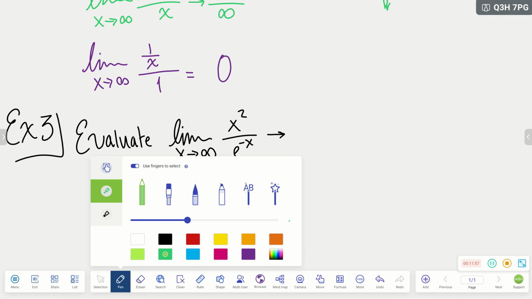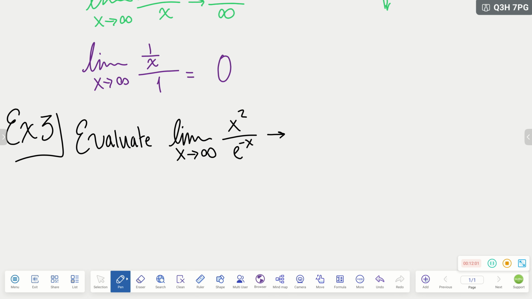I want a different, okay. Technology. And I get infinity over infinity. So that means I can apply L'Hopital's rule.